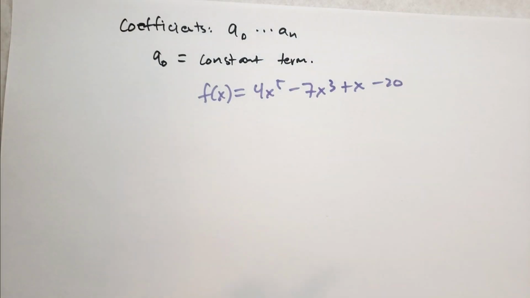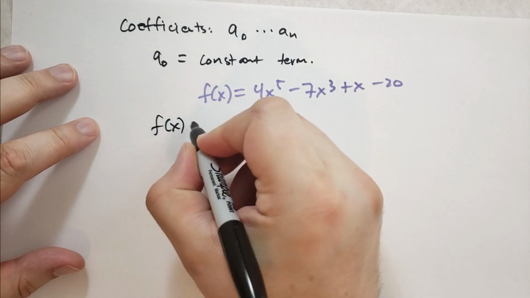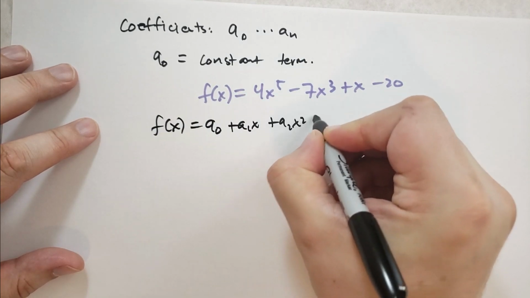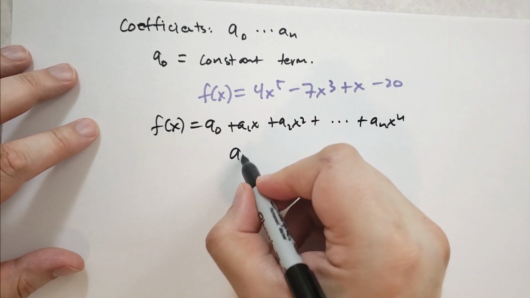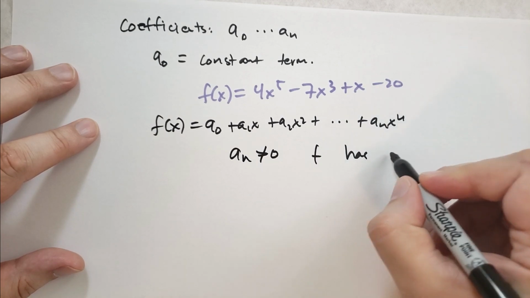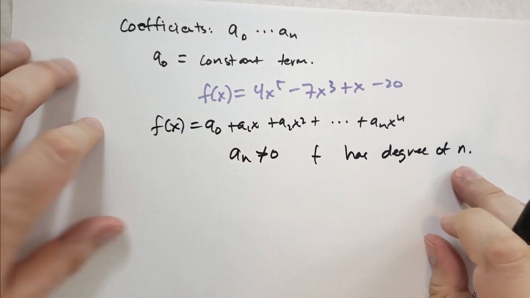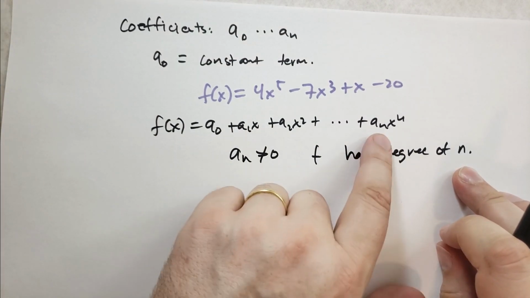Now, we're going to define what degree means, okay? We're going to say that when you have f of x is equal to a0 plus a1 of x plus a2x squared plus all the way up to an x to the n, and an is not equal to 0, then the function f has a degree of n. So n is the highest term that is not 0.